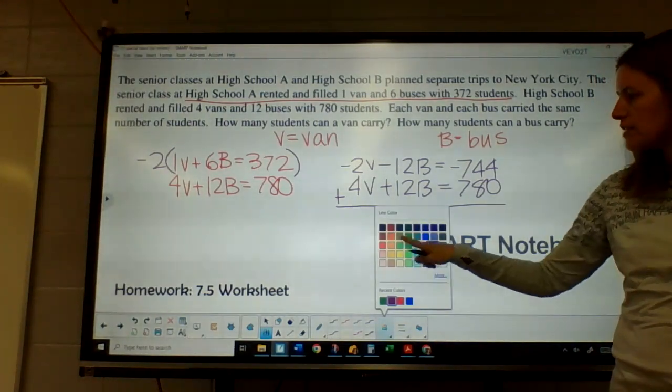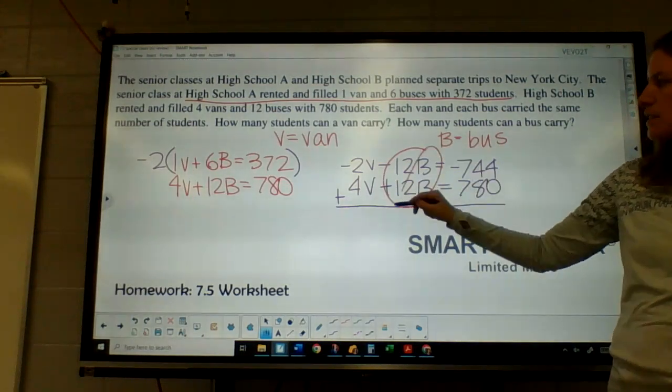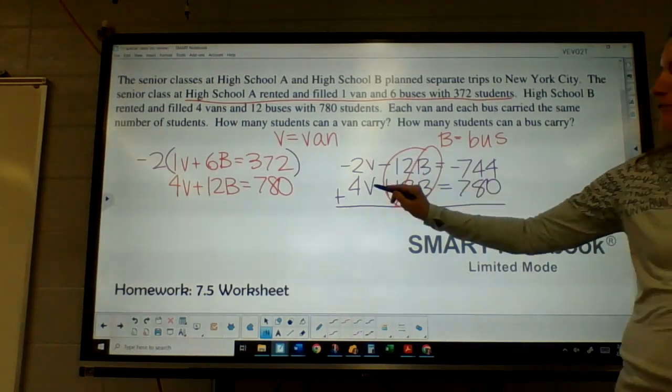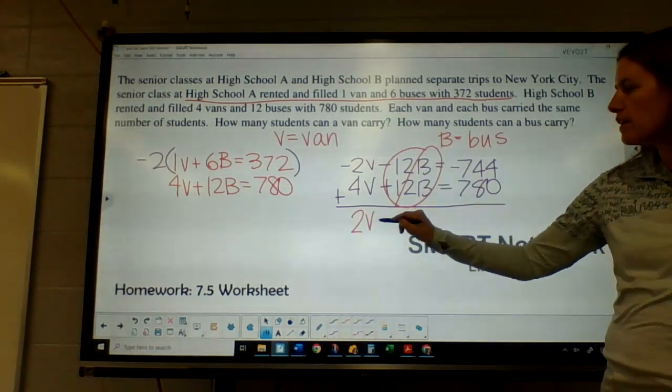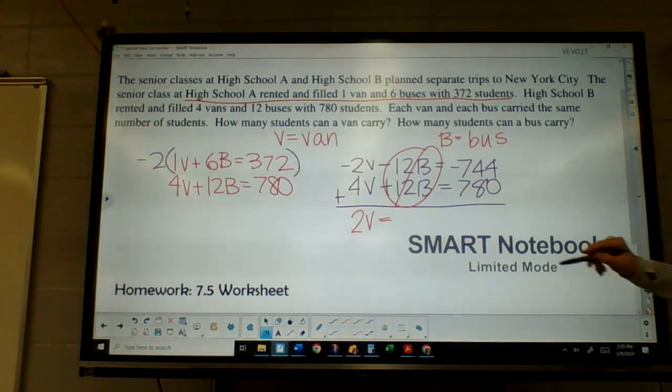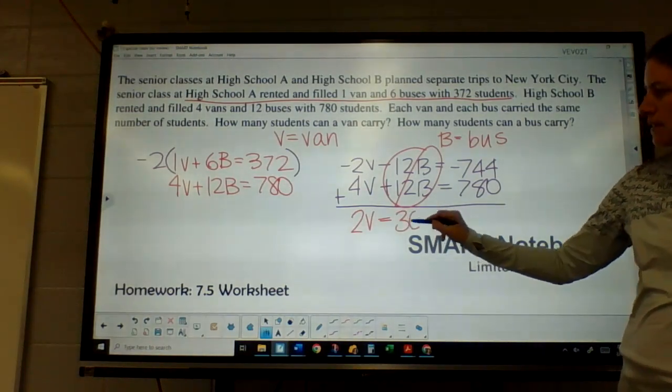I'm sure Rachel does this with our buses, right? Like does a system of equations. So the 12s cancel, the B's. Negative 2 and positive 4 is a 2V. Negative 744 and positive 780 is going to be a positive 36.